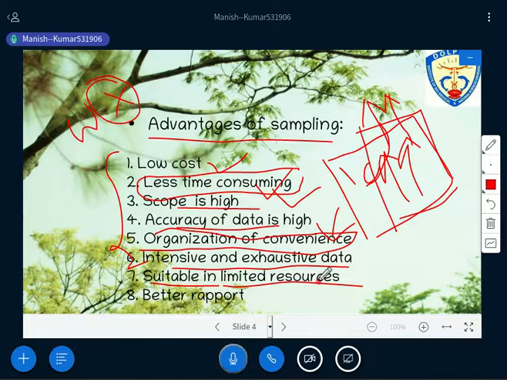So if your working resources are very limited, you are unable to handle too much data. If through sampling you get a smaller amount of data, that can be easily managed through the limited resources you have.